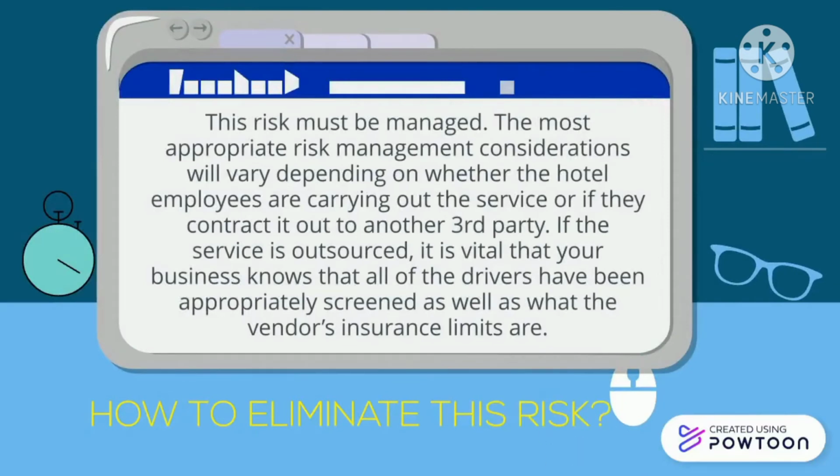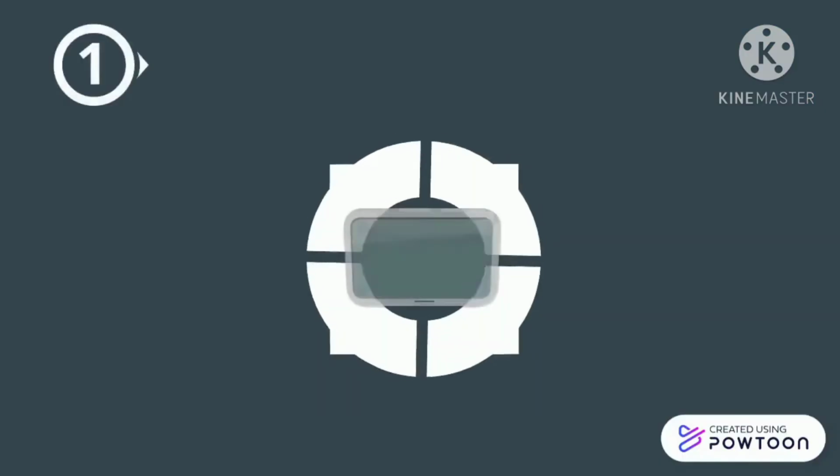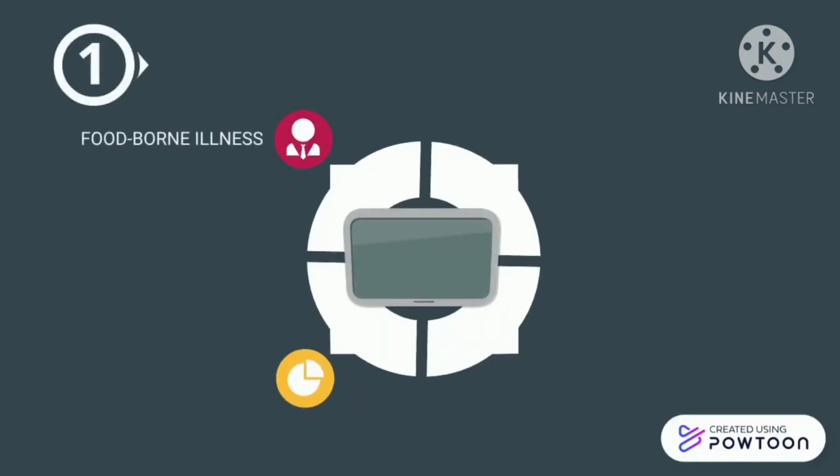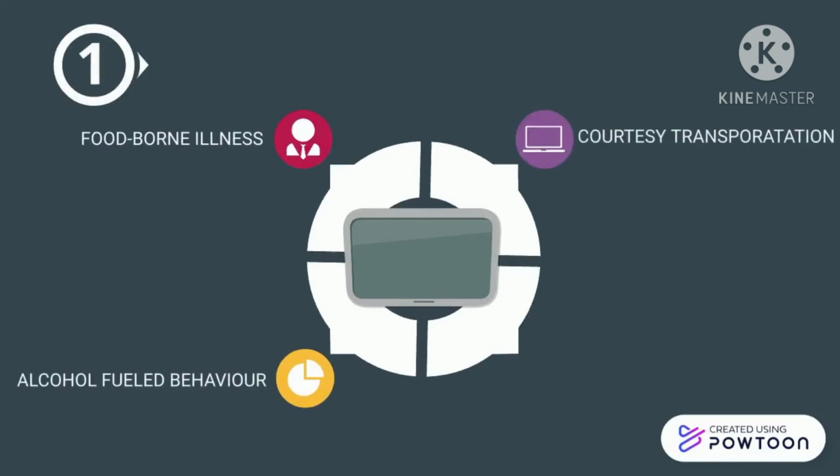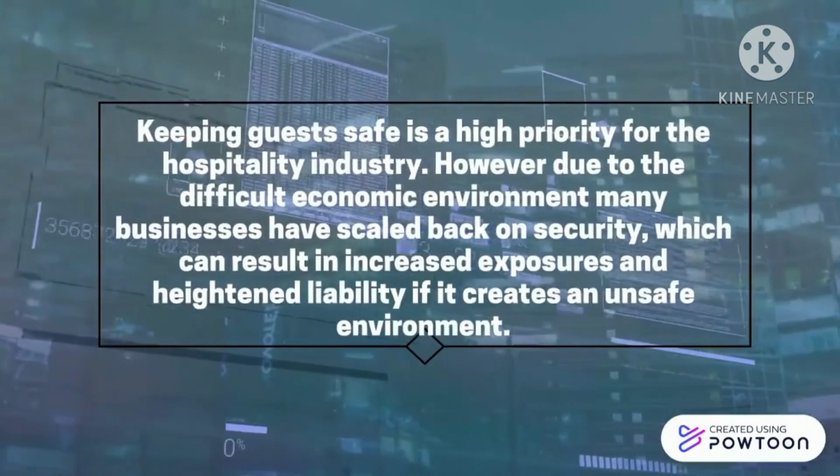The most appropriate risk management considerations will vary depending on whether the hotel employees are carrying out the service or if they contract it out to a third party. If the service is outsourced, it is vital that your business knows that all the drivers have been appropriately screened, as well as what the vendor's insurance limits are. We're done on foodborne illness, alcohol-fueled behavior, and courtesy transportation, and now let's go on to on-premises security.